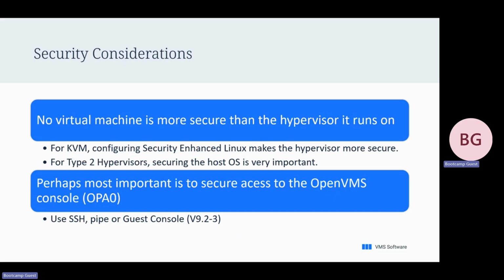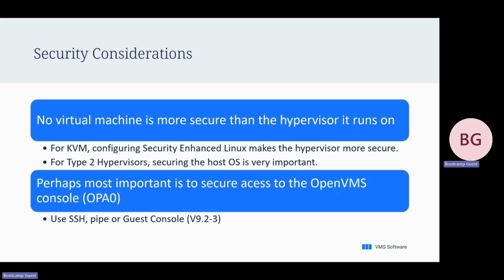Perhaps the most important thing to secure is access to the VMS console port, OPA0, because if someone who shouldn't gets access to that, they hit Control-P, reboot your system, set the flags to boot in conversational mode, and they can do whatever they want. Wipe out your system disk, change your system password.